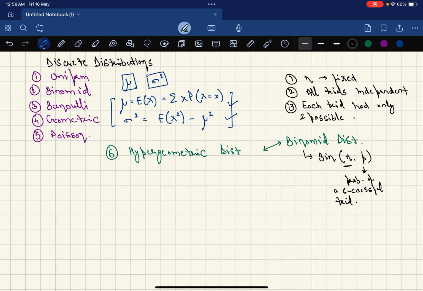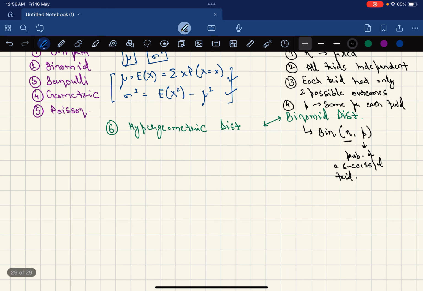So either the trial could be a success or it could be a non-successful trial. And then p is the same for each trial, which means the probability of success for each of the trials is independent, and it is also equal for each trial, and it is equal to p.